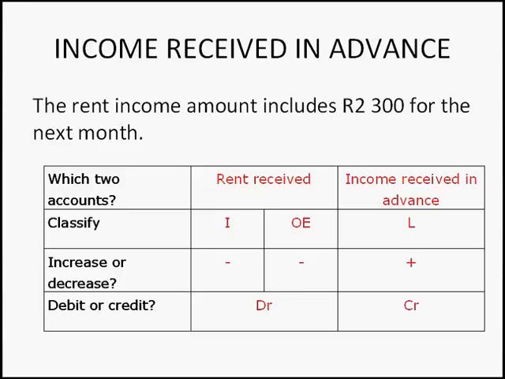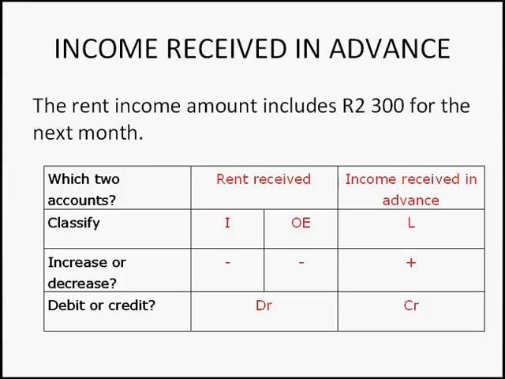So income received in advance is classified as a liability, and it increases because I now owe that person more, because they paid me money that I wasn't supposed to have. Okay, so on deciding whether it will be debited or credited when I do the journal entry, let's then just have a look at the rent received being an income.